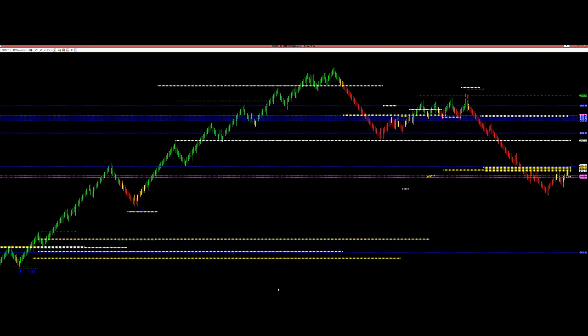So I cannot put the zone in this area because what you see is what you get, folks. Those are only the fibs and the projection, and there is no auto trade. But you can use any kind of your favorite Renko bar if you want it for reversal, or if you know how to trade with the trend on a Renko bar, be my guest. But for me, I use the Renko bar for a reversal.